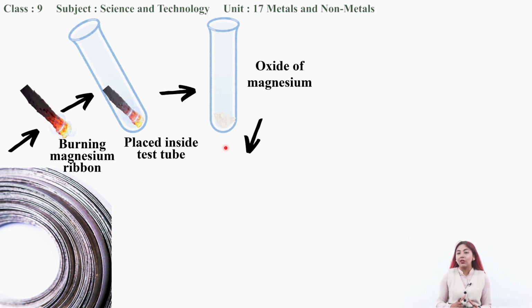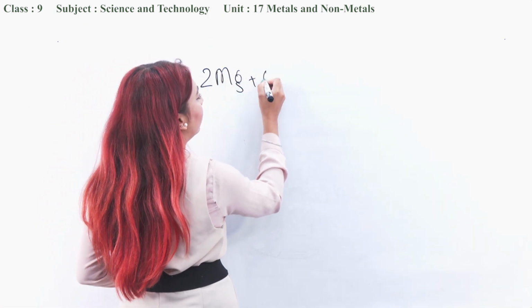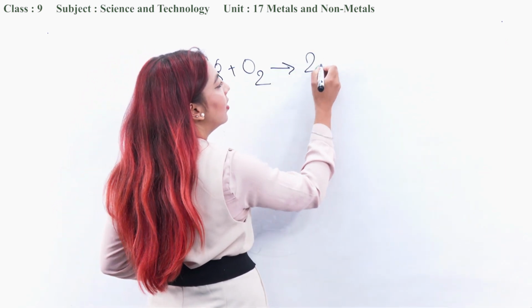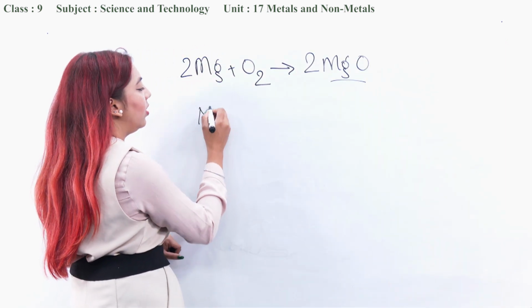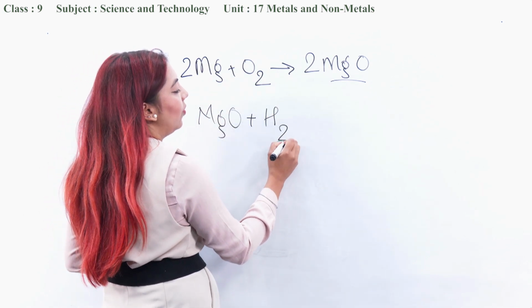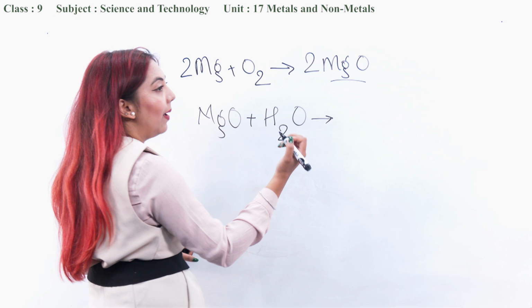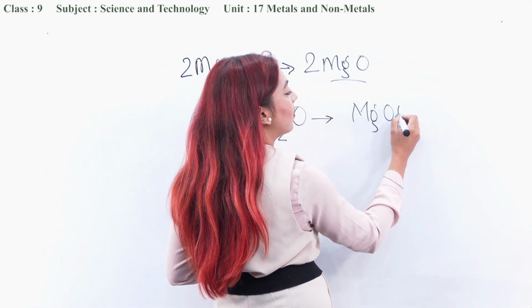We just studied this reaction: 2Mg plus O2 gives 2MgO. This formed magnesium oxide, which is a white powder, which when we added water, gave us magnesium hydroxide.